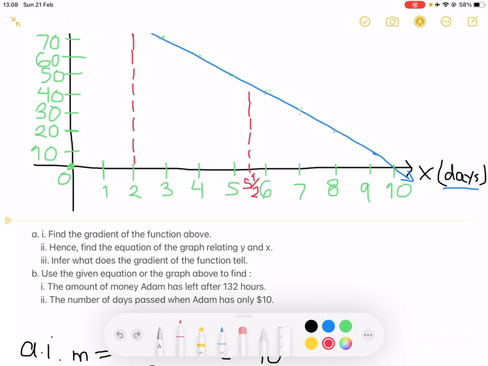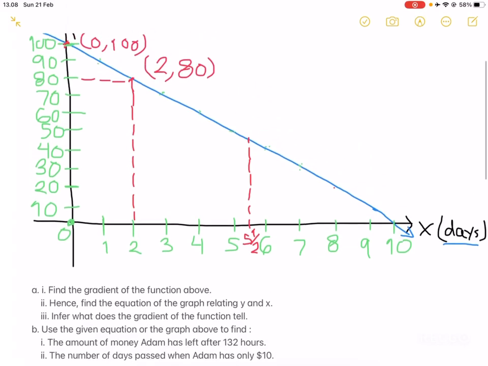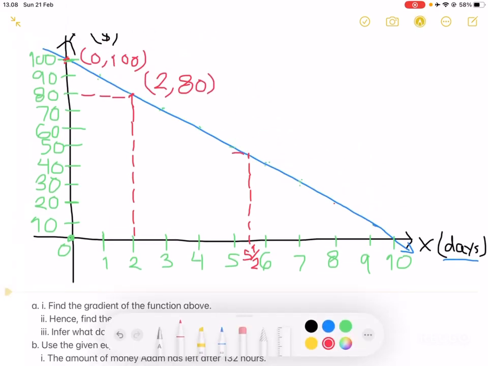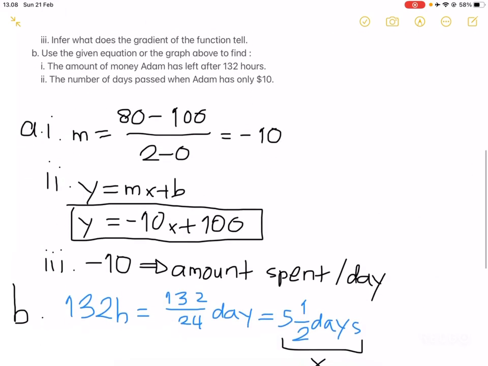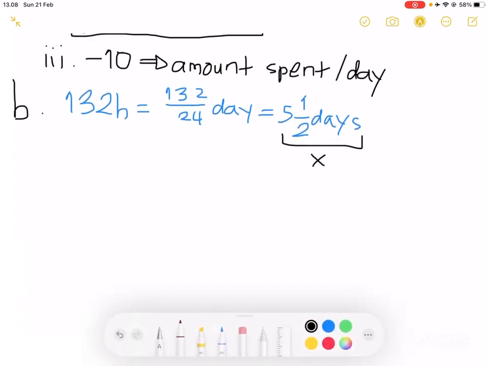Stop where it lies on the function, and then after that draw a perpendicular line here, and you can see that it intersects halfway between 40 and 50, and that tells us the y coordinate in this case must be 45. And therefore the amount of money Adam has left after 132 hours must be $45.